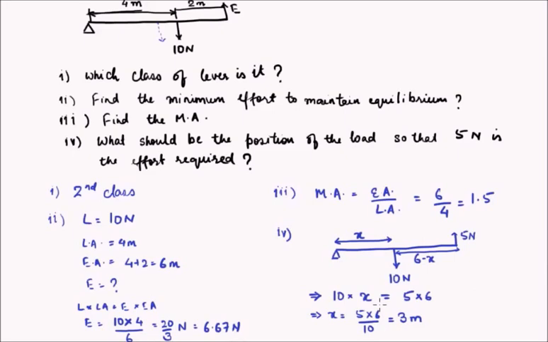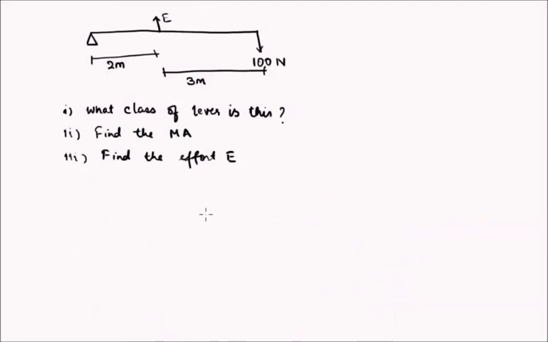Now let us conclude the exercise lecture with another question, which will be based on the third class of lever. This last question for this lecture today shows a bar which has the fulcrum here, the effort here, and the load of 100 Newton at the other end.